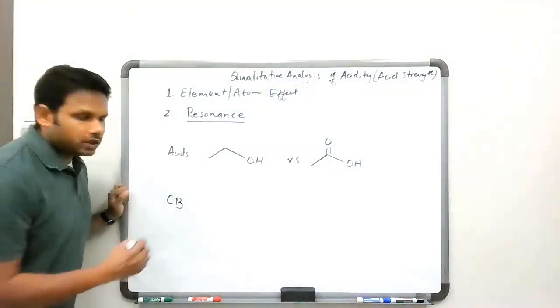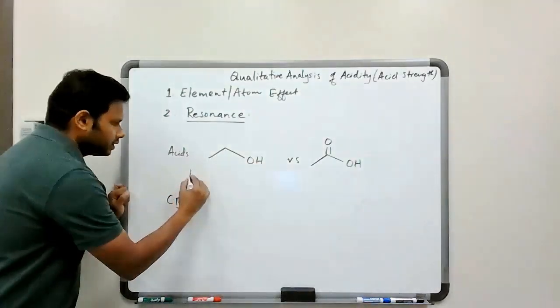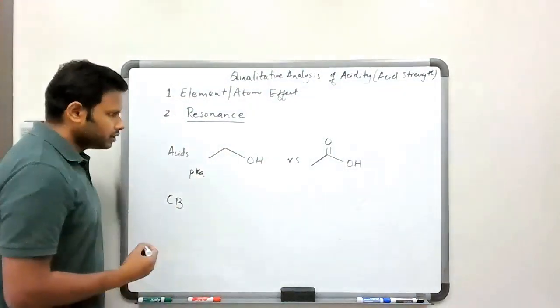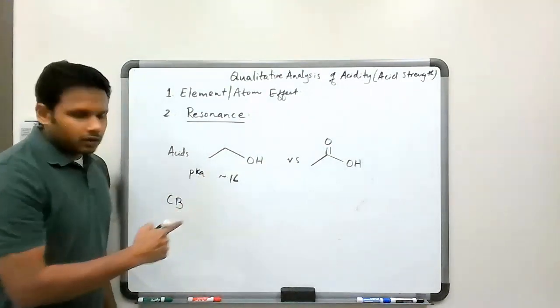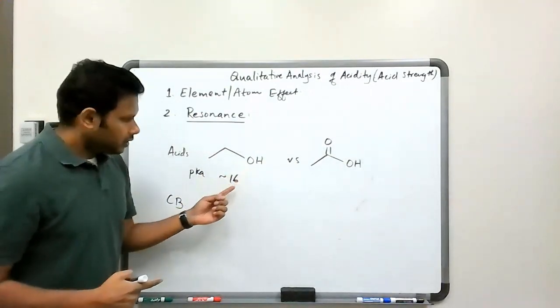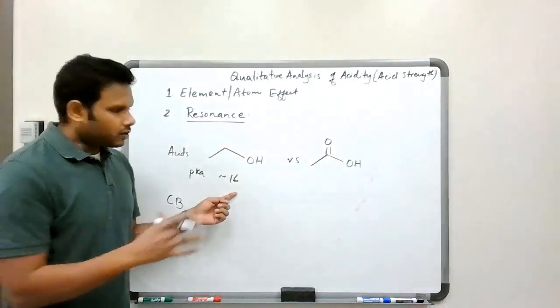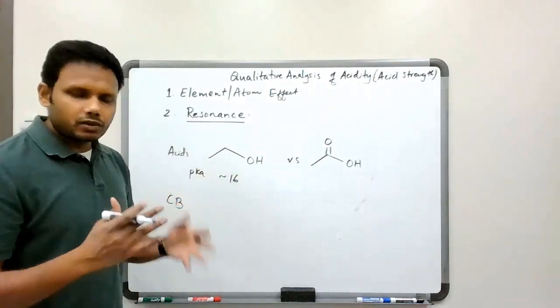In fact, before we go there, I'm going to give you rough approximate pKa values for these acids. If these molecules were to behave as acids, what would be the pKa values? For this alcohol, the pKa is roughly around 16. Most alcohols have pKa's around 16 or so, within a range.